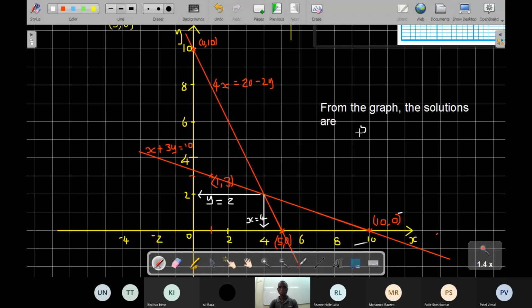The value of x is 4, and then the value of y is 2.